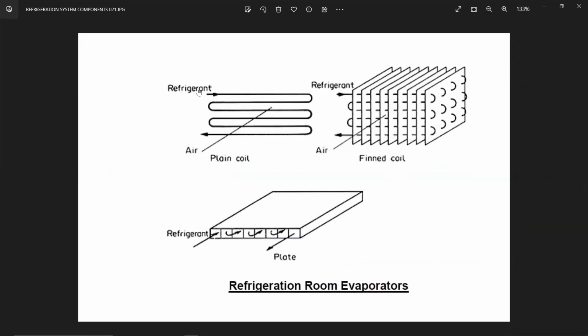See, either the refrigerant is going here and the air is going perpendicular, or you've got a refrigerant going parallel and you've got basically more finned coils and the air is going perpendicular, or you've got a refrigerant going through the entire plates. ये आपका system होता है in your big reefer ships. Like one of my reefer ships has got this, with refrigerant going through and air being circulated from top.